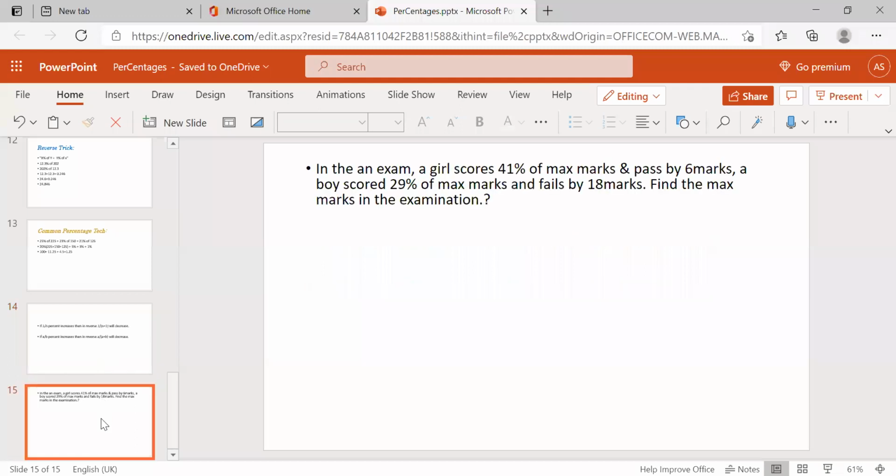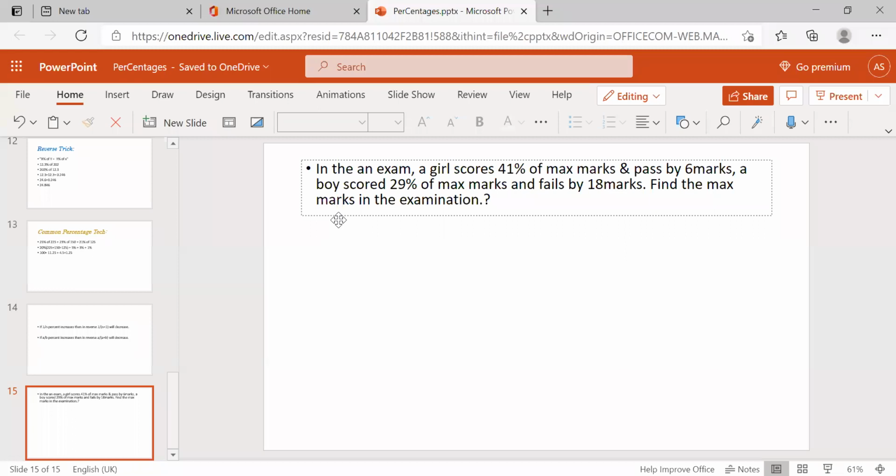Okay, by many questions. Now come to today's question that we are going to discuss. In the exam, a girl scores 41% of maximum marks and passes by 6 marks. A boy scored 29% of maximum marks and failed by 18 marks. Find the maximum marks in the examination.